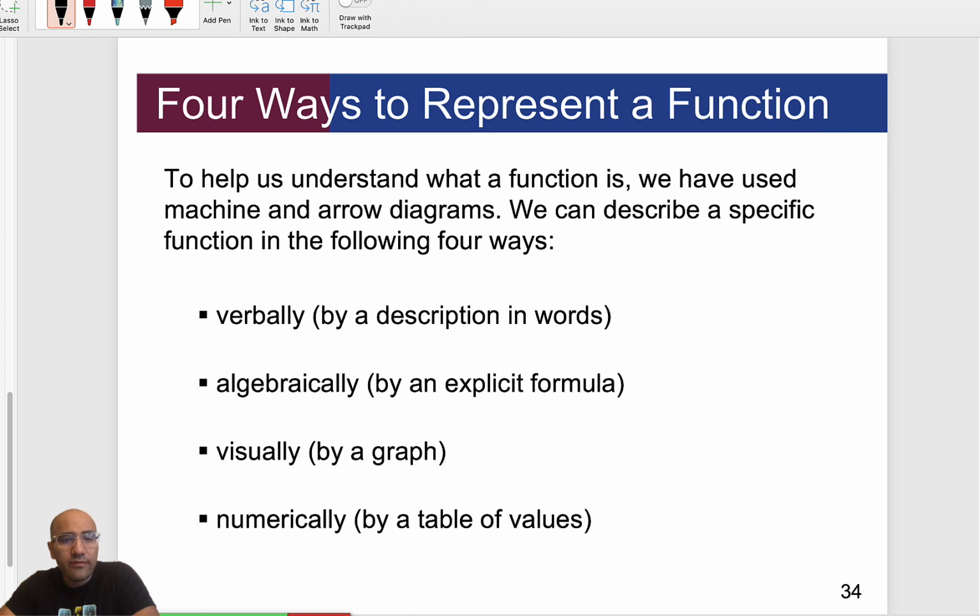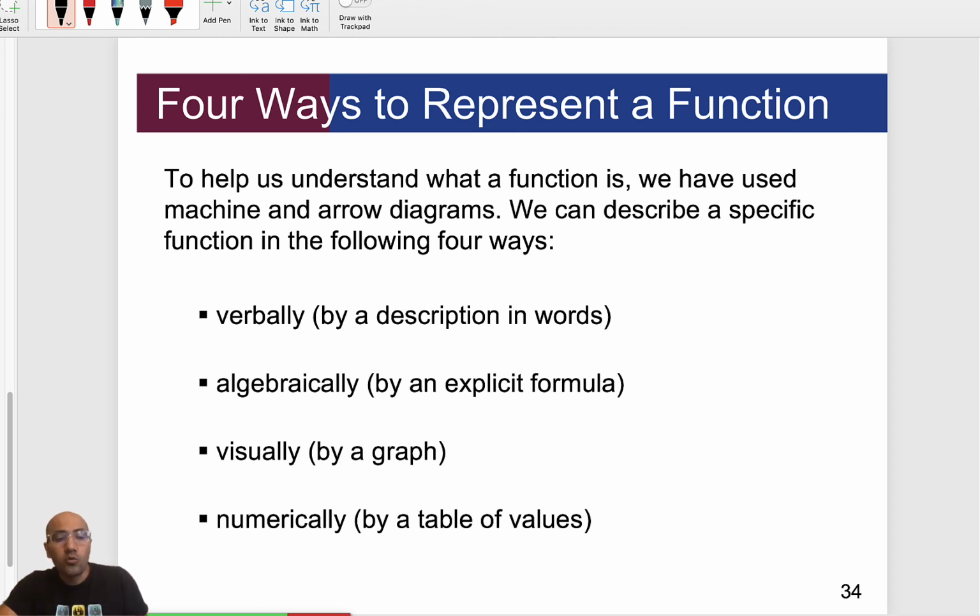Visually with a graph, right? So a graph is a representation of a set of ordered pairs, typically an infinite set of ordered pairs. And we're looking for a pattern that's sort of established by the graph. And there are some classic graphs, some typical graphs that we work with quite a bit. Or numerically with some sort of a table, either a very finite number of values.